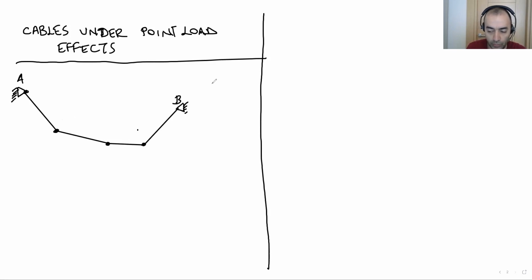So there is a level difference between the supports. This distance is this difference.